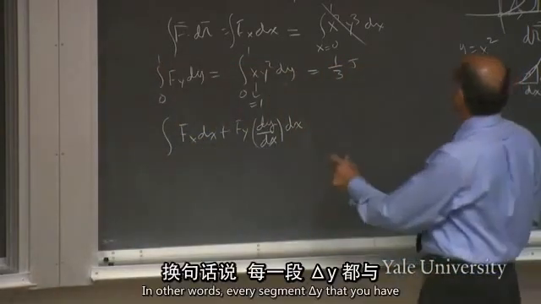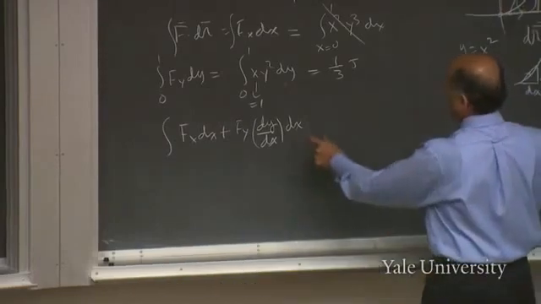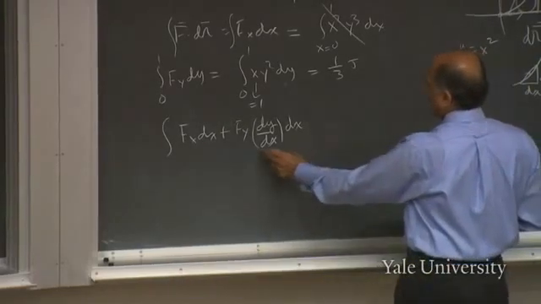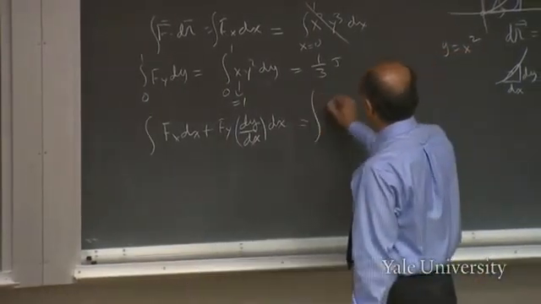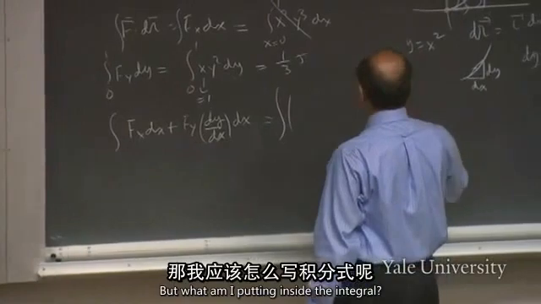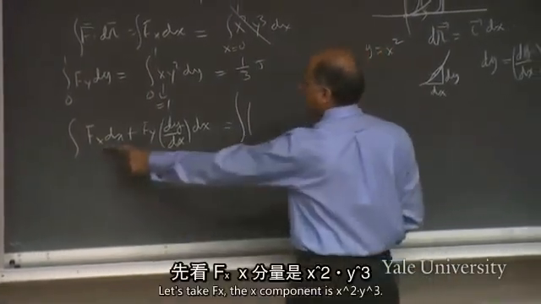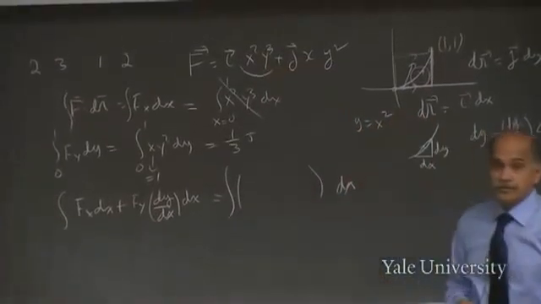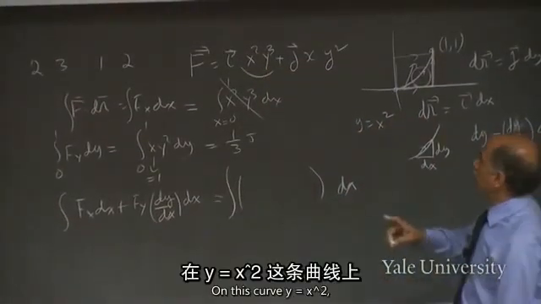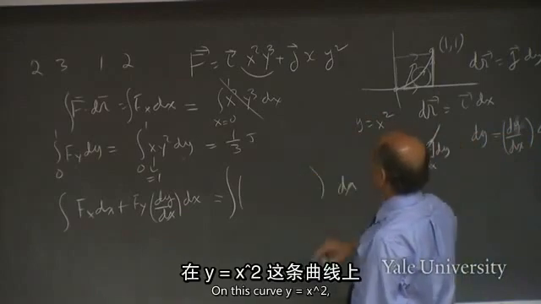In other words, every segment delta y that you have is related to the delta x you took horizontally so that you stay on that curve. So everything depends only on dx. But what am I putting inside the integral? Let's take fx. The x component is x squared y cubed. On this curve, y is equal to x squared.